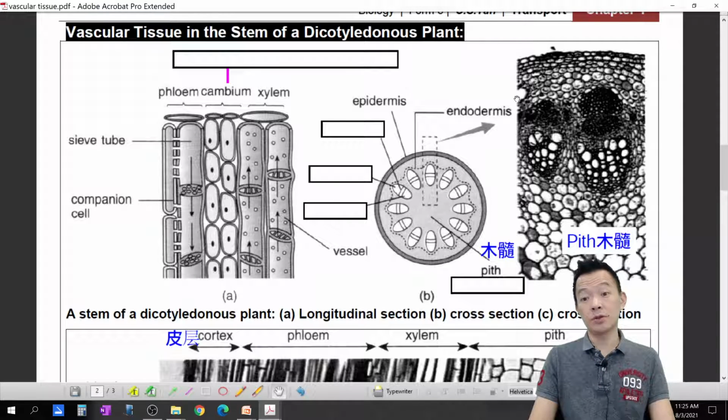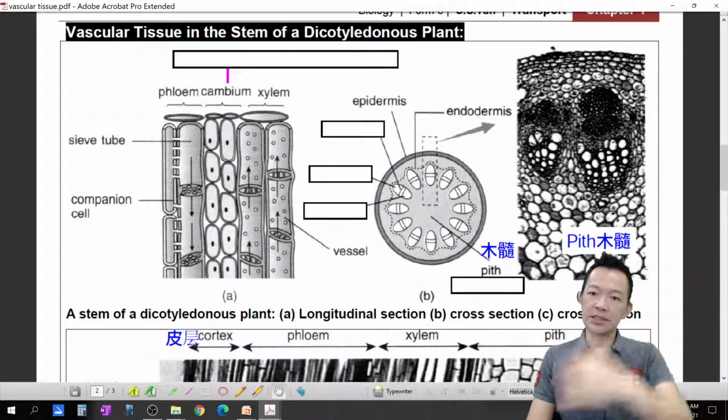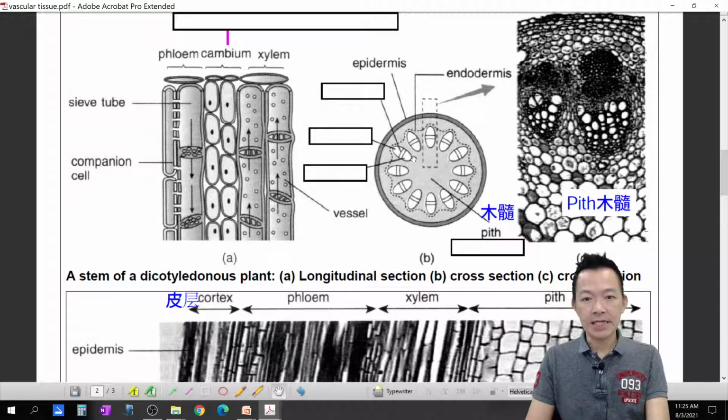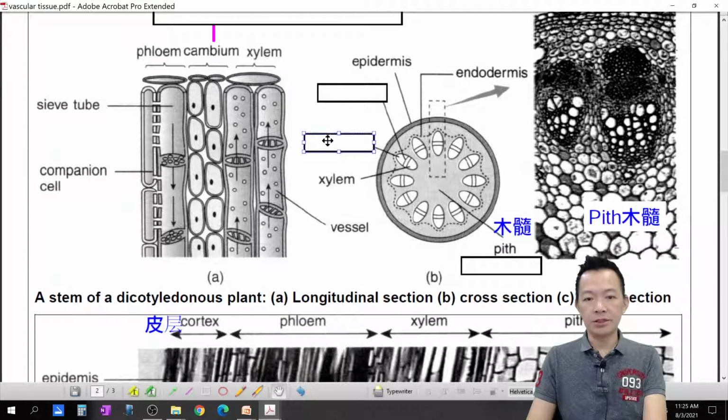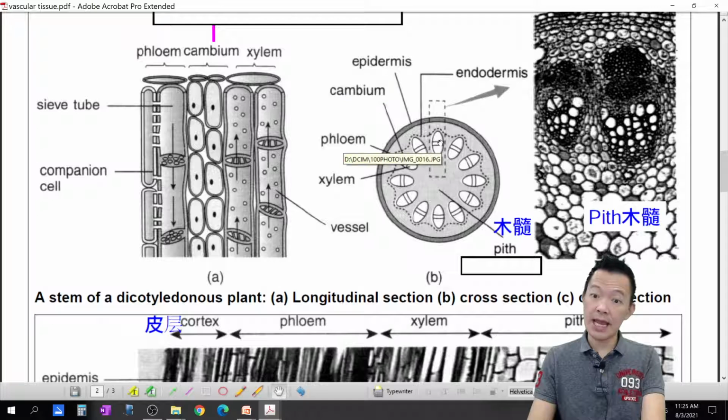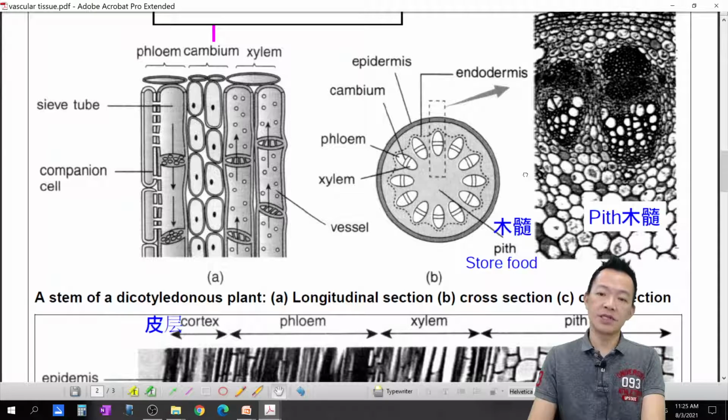Where's the vascular tissue? Okay, never mind. So now you cut the stems. Xylem tissue facing inwards, phloem tissue facing outwards. And between the xylem and phloem tissue, we have cambium tissue. The center is the pith, which normally stores food, but today it's not very important.